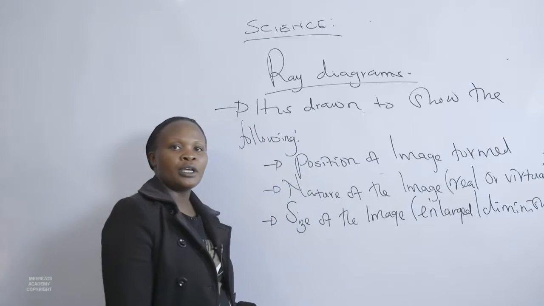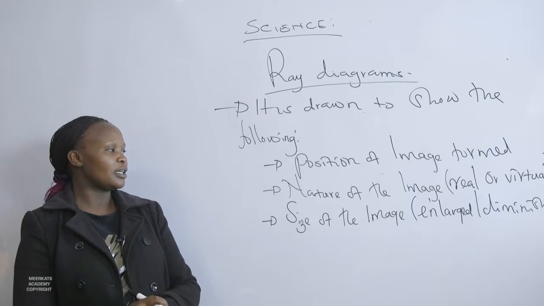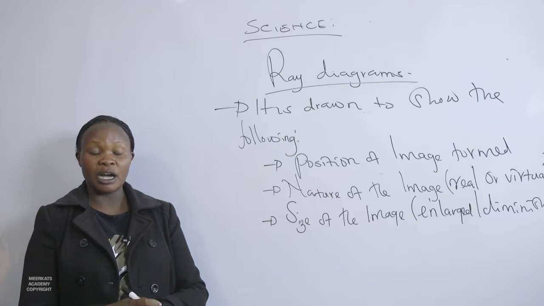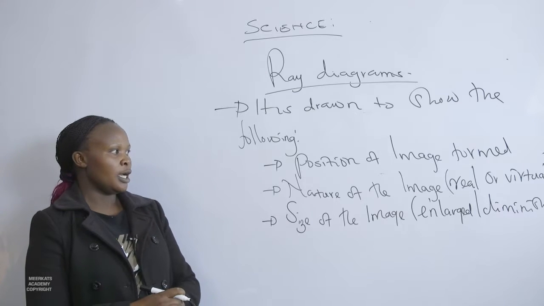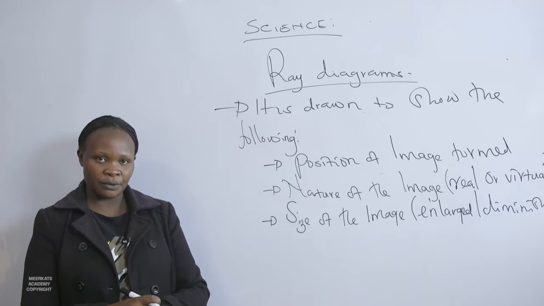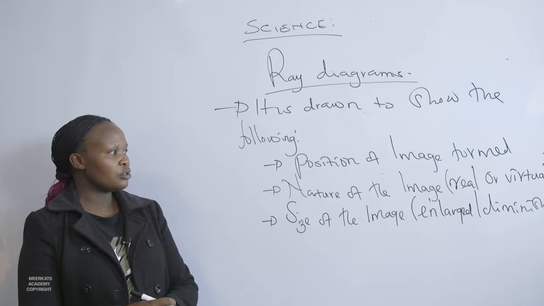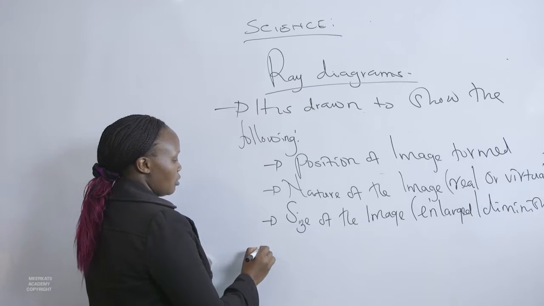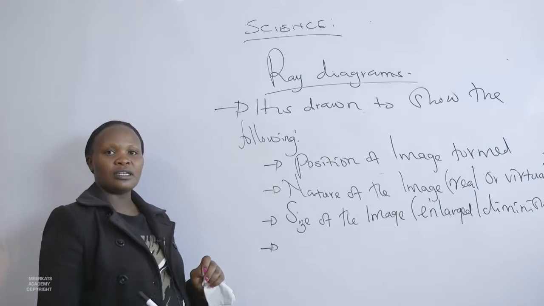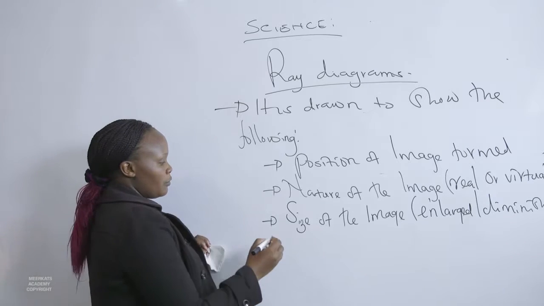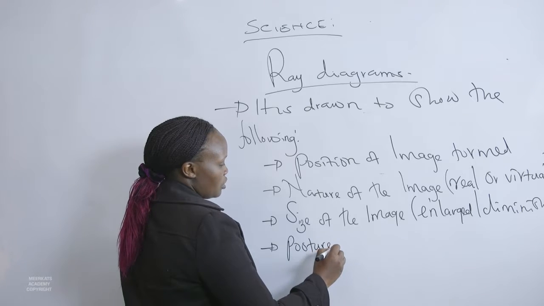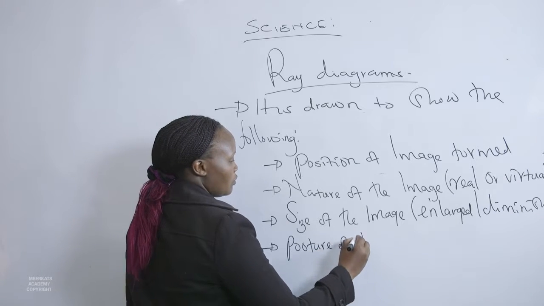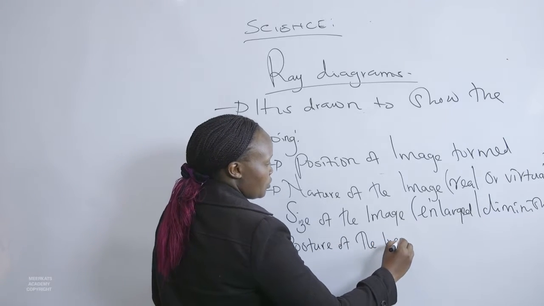Remember, all these characteristics emanate from our comparison between the object that we have and the image formed, so we are going to look at these aspects relative to the two. Number four is the posture of the image.